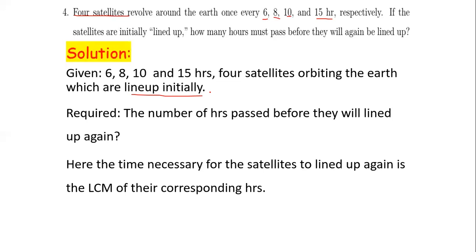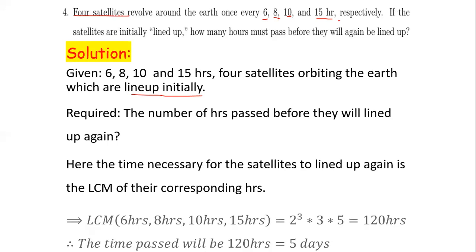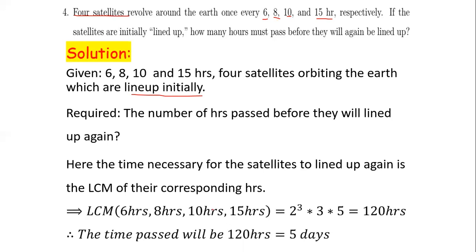So the time necessary for the satellites to line up again will be the least common multiple of their corresponding hours, that is 6, 8, 10 and 15 hours. The LCM of these hours, using prime factorization, is 2 to the power of 3 times 3 times 5, which is equal to 120 hours.